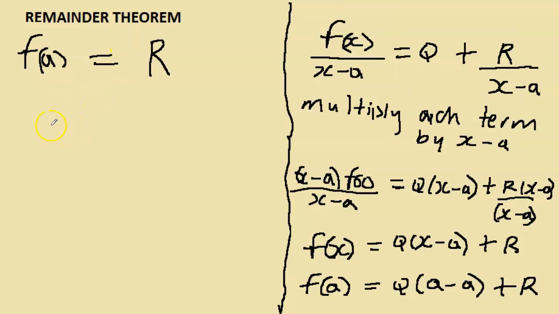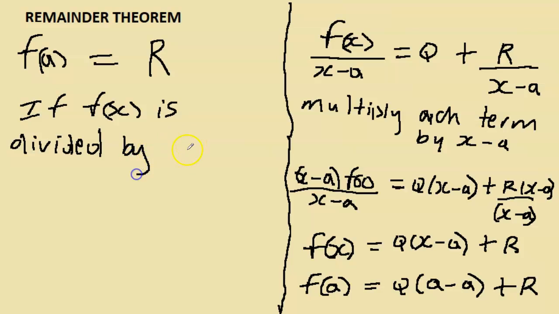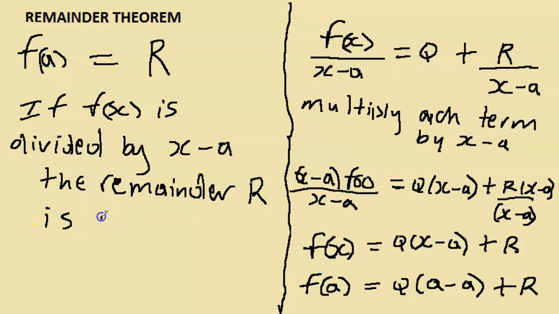Alright, so the theorem states that if f of x is divided by x minus a, as we have here, then the remainder r is given by the formula r equal to f of a.